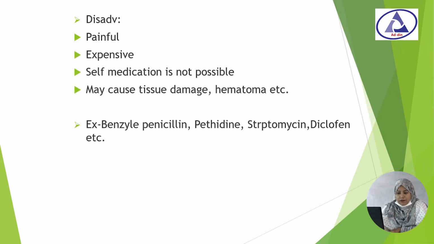Disadvantages: this is a painful route, expensive because some apparatus is needed for administration. Self medication is not possible and it may cause tissue damage or hematoma. Drugs like benzyl penicillin, pethidine, streptomycin, diclofenac, etc. are given through this route.